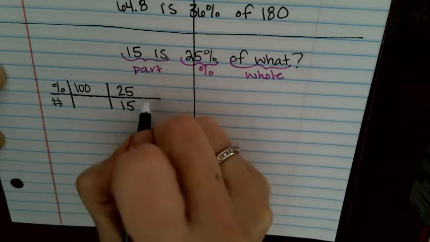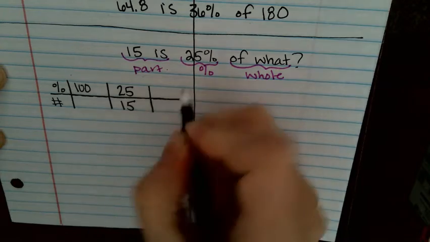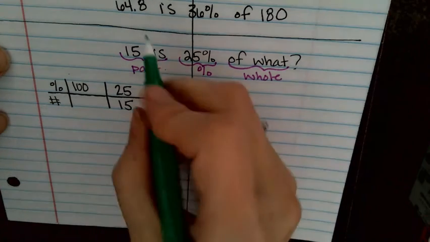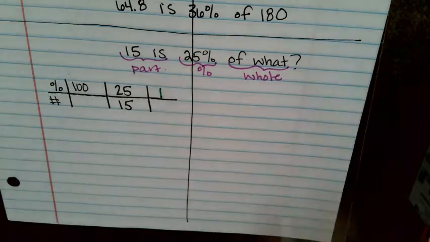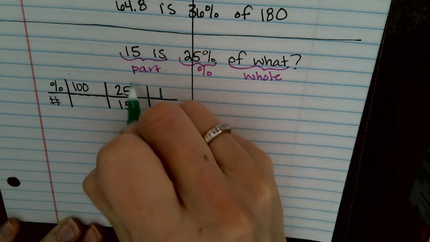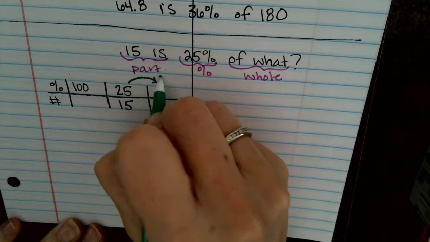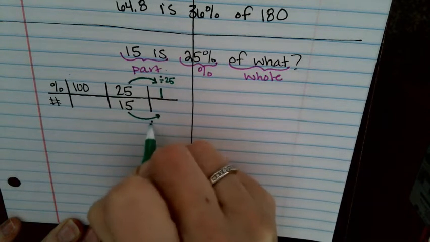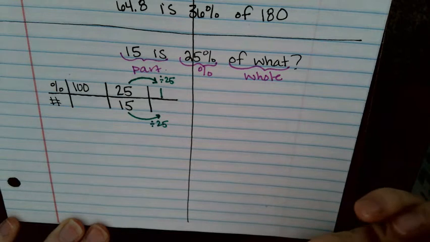Since I have the numbers on the top, I'm going to find the 1 on the top here. So what I'm going to do is say, to get from 25 to 1, you have to divide by 25. So do the same thing here and divide 15 by 25.